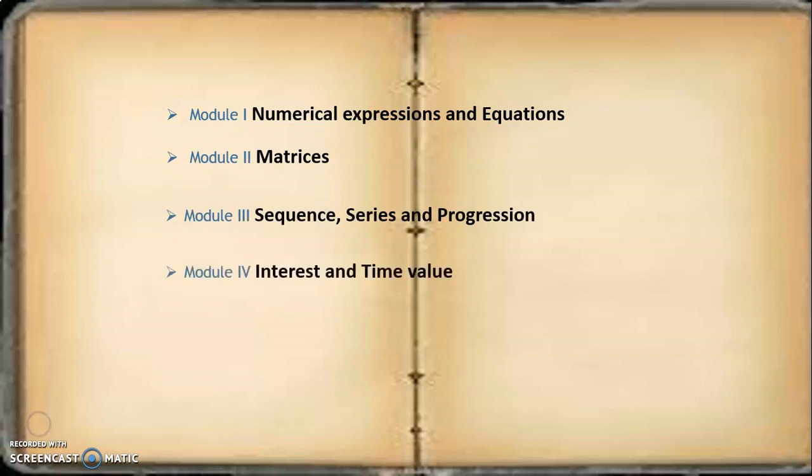The fourth module is interest and time value. And the fifth one is descriptive statistics. At the end of this course, you will be able to understand numerical equations, matrices, progression, financial mathematics, descriptive statistics, and their applications. Let us start.